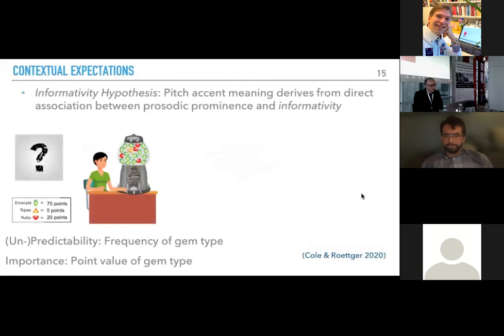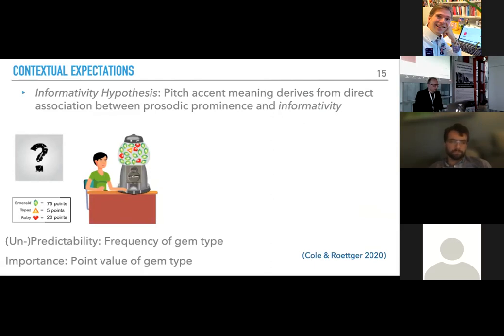A recent perception study on the relation between prosodic prominence and meaning that takes the influence of the situational context into account is the one by Cole and Röttger, 2020. They challenged the conventional view of pitch accent meaning, which is based on Pierrehumbert and Hirschberg, as I just showed you, since empirical evidence for accent type meaning relations is not clear-cut, as we just saw by Mücke and Grice.